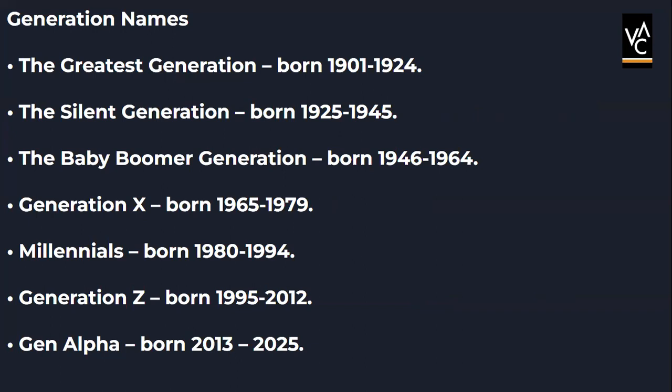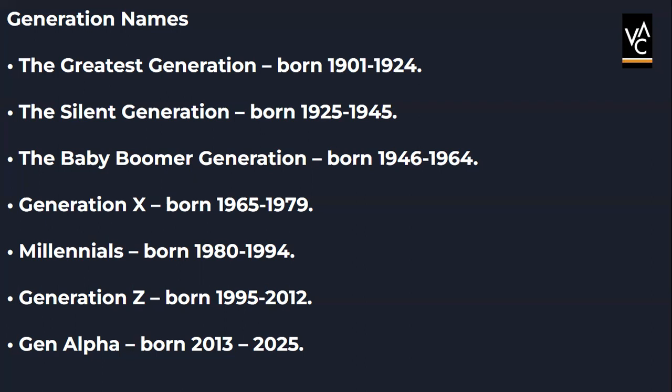The people born in between 1946 to 1964 are called the baby boomer generation. Generation X is termed for the people who are born between 1965 to 1979. Millennials are the kids born between 1980 to 1994.